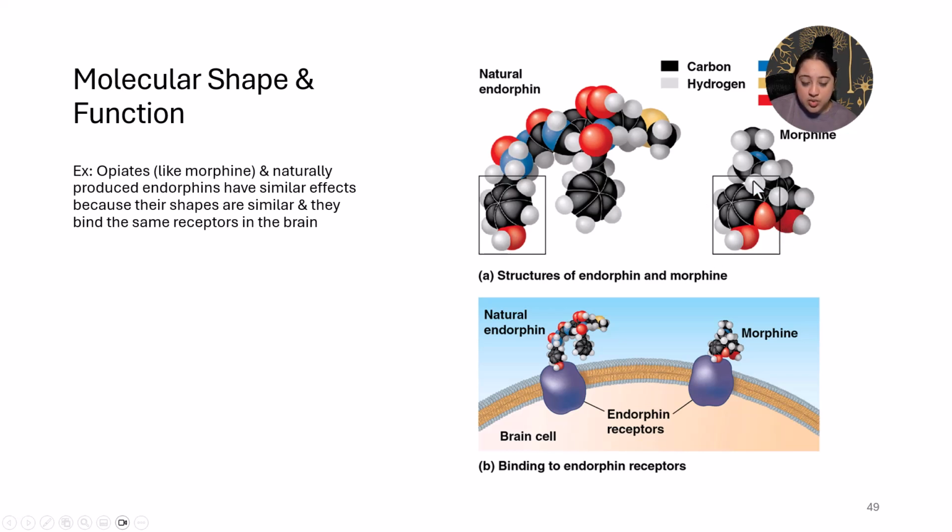And so that's how morphine can trick these endorphin receptors into being activated by morphine. They have similar effects because their shapes are similar and they bind to the same receptors. And so this is another way that chemistry is really important in biology: molecules and their effects on their targets and cells.